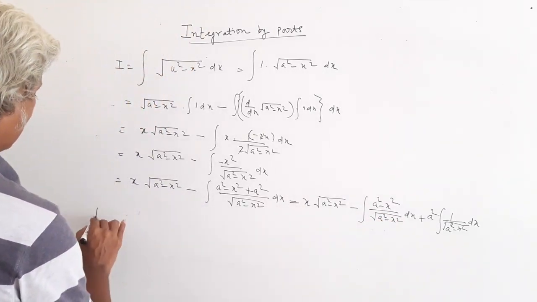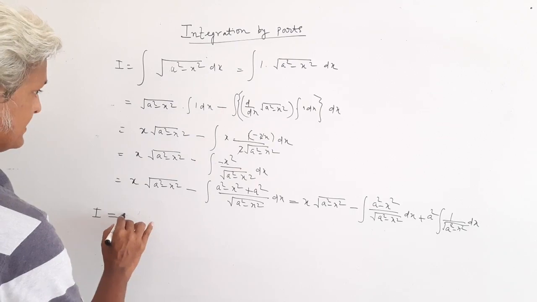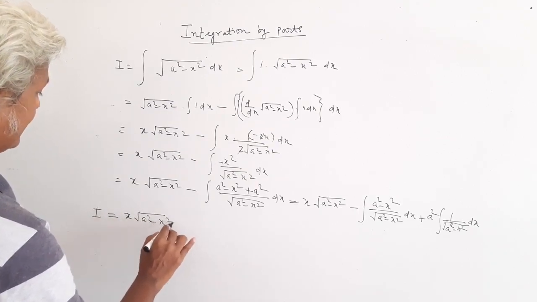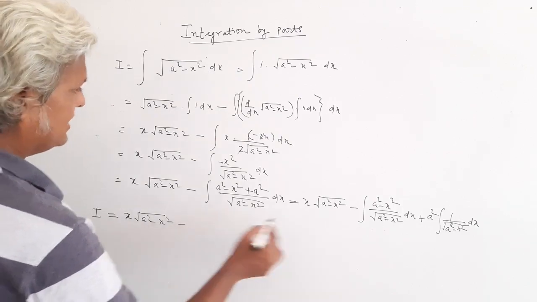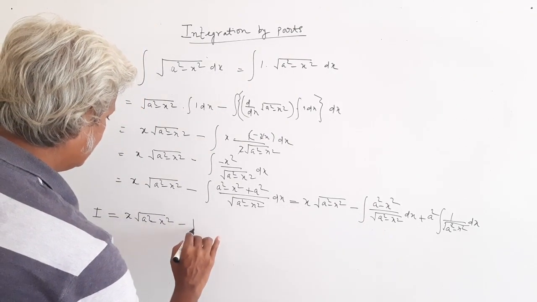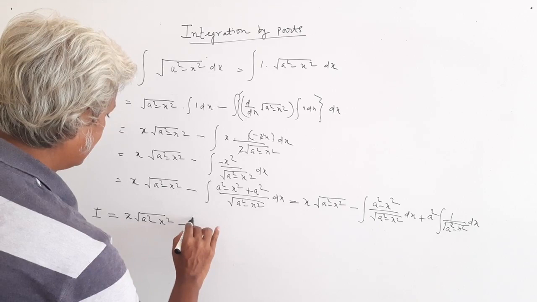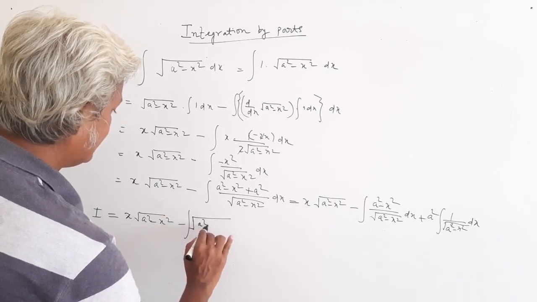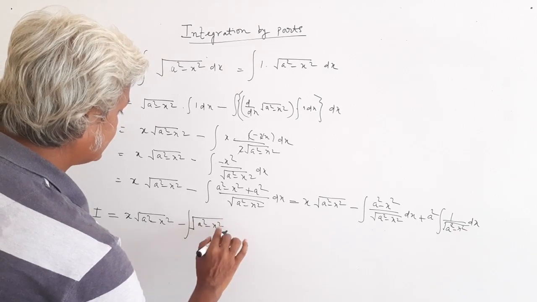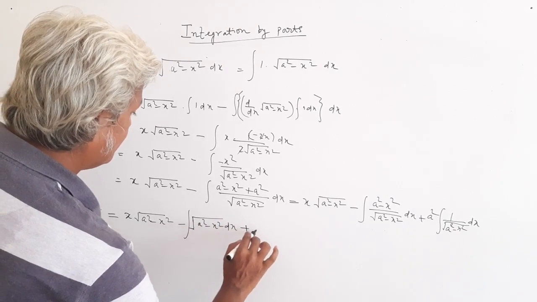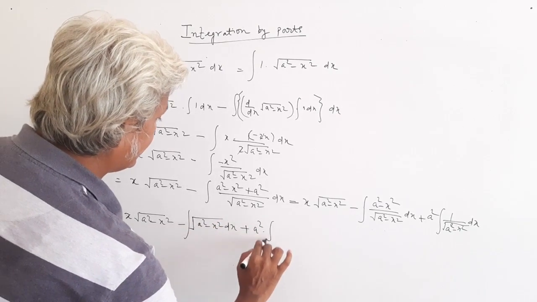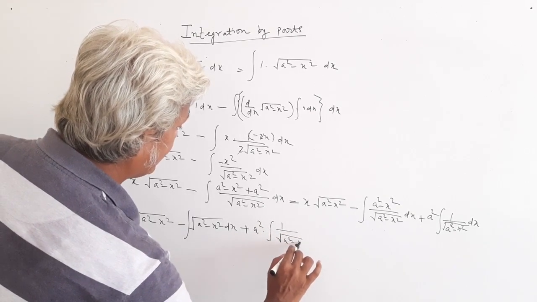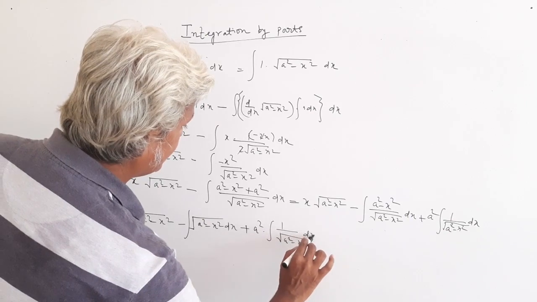So we have I is x under root a square minus x square minus, again I am writing without the shortcut so that everyone can understand, integration of under root a square minus x square dx plus a square integration of 1 over under root a square minus x square dx.